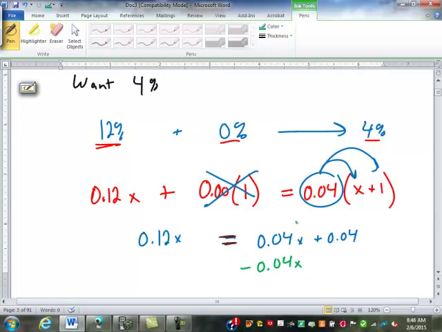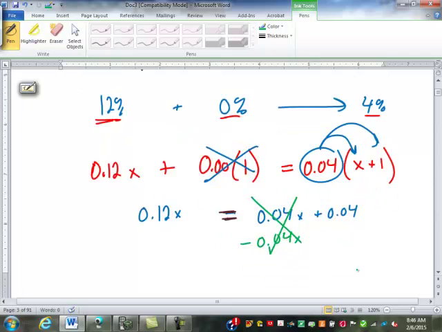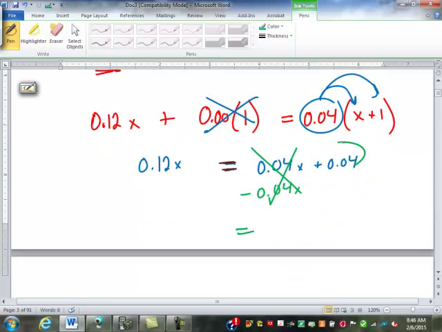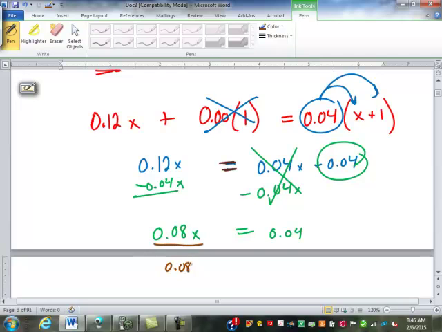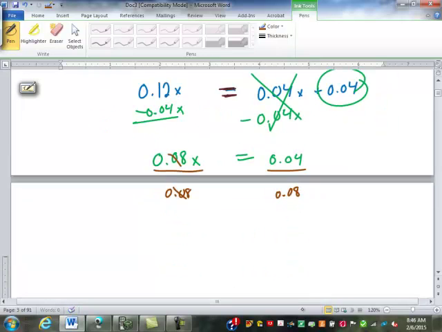So subtract 0.04x to make that go away. Leaves us with just the 0.04 over here. Subtracting 0.04x here gives us 0.08x. And now to get x by itself, it's multiplied by 0.08, so we're going to divide by 0.08. Gives us that x equals 0.5.